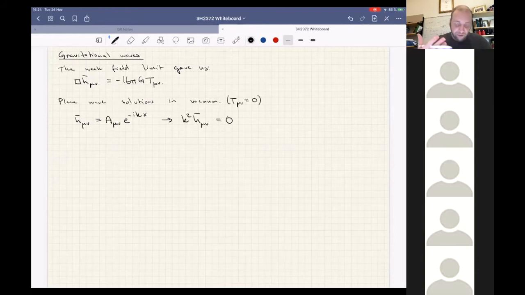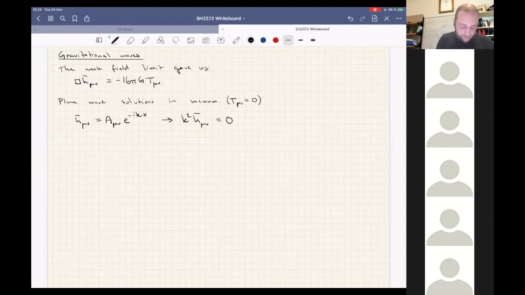In order to have anything interesting at all, h must be different from 0, or at least some components of h must be different from 0. Otherwise, we would just have Minkowski space. We would have 0 amplitudes, which would give us back Minkowski space.